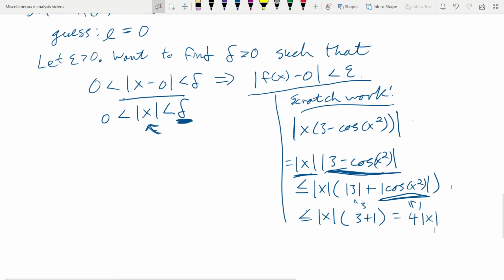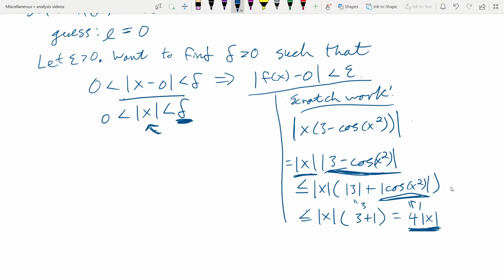Okay, so what we started with was the thing which we wanted to make smaller than epsilon, and now we have bounded it above by a relatively simple expression in terms of the thing over which we have complete control, which is absolute value of x. So now the question is, what would a suitable value of delta be?